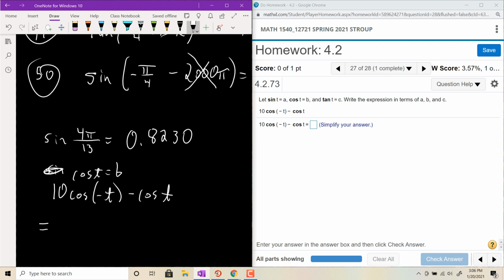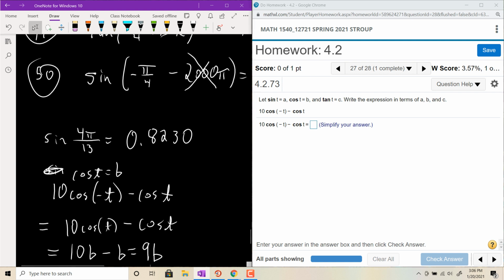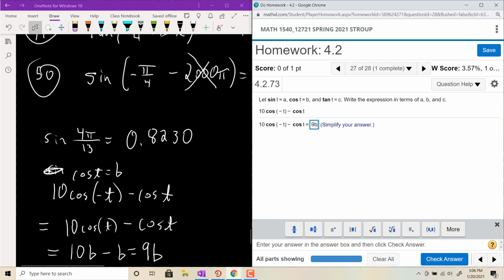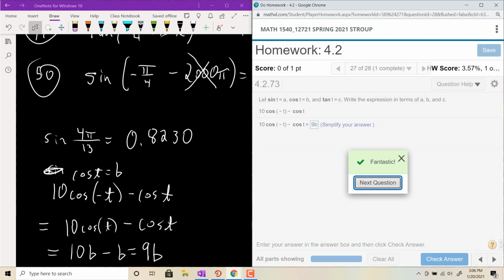Cosine of negative t is equal to cosine of t because cosine is an even function. So that's equal to 10 cosine of t minus cosine of t. And cosine of t is b, so it's 10 times b minus b. 10 b's minus 1 b is 9 b's. So you just have 9 times b. See if it likes that.